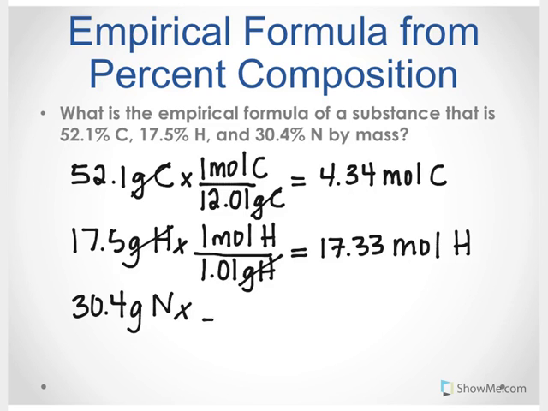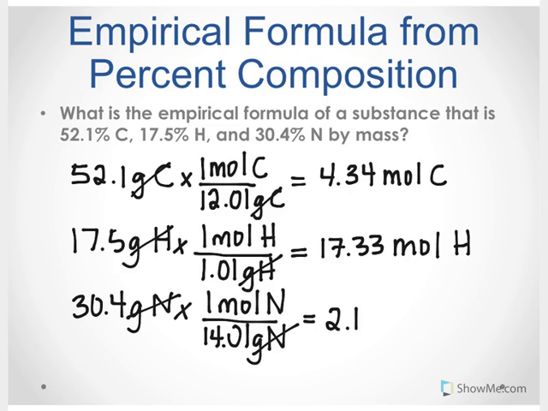And then the last one we'll do is nitrogen. We look at the periodic table to find the mass of nitrogen, and we should see that it's 14.01 grams. And when you calculate that, you get an answer of 2.17 moles of nitrogen.